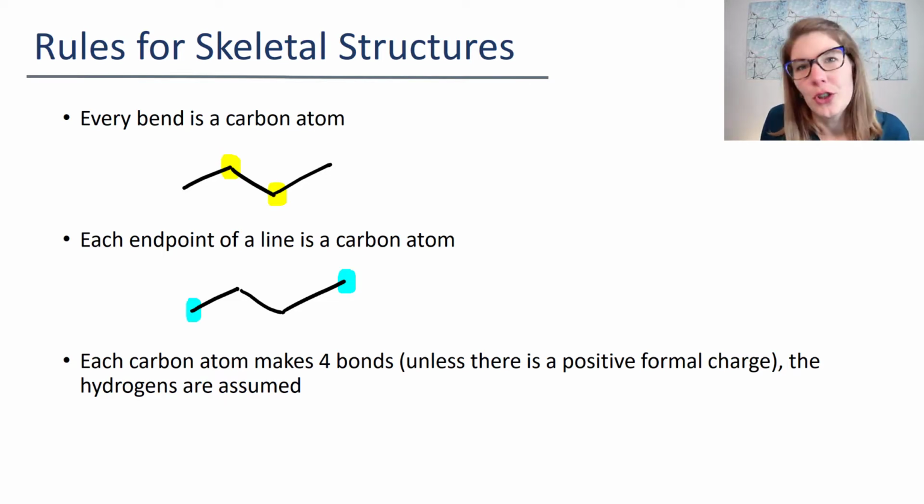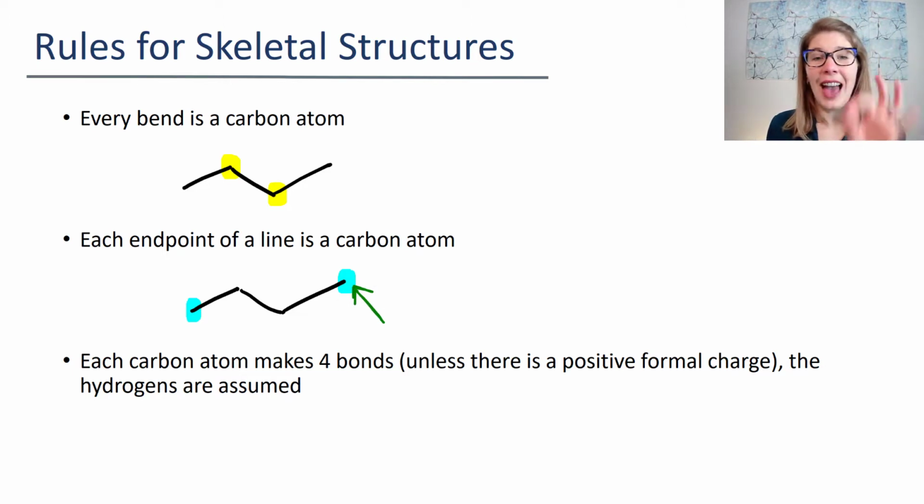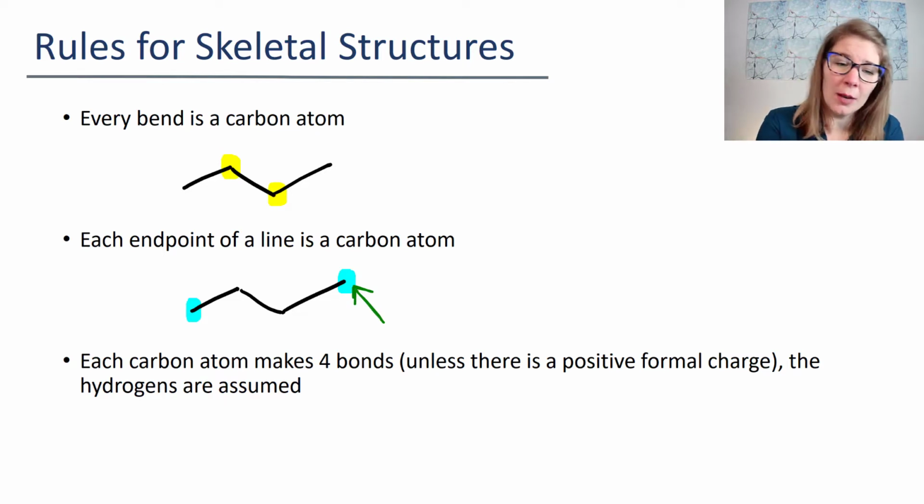So the hydrogens are assumed. This is why you needed to spend so much time making sure that you had some basic stuff down, like formal charge and recognizing that carbon is tetravalent, because knowing where the hydrogens are now is going to just follow a pattern. You're going to have to look at an end carbon, like the one I'm pointing to, and say that carbon is bound to only one other carbon, the one I'm circling in green.